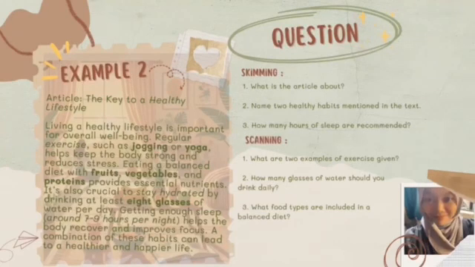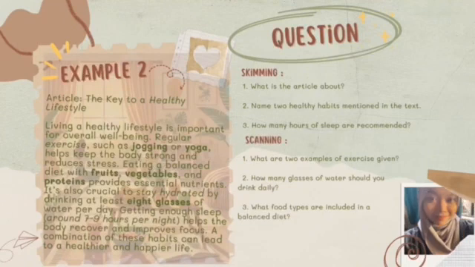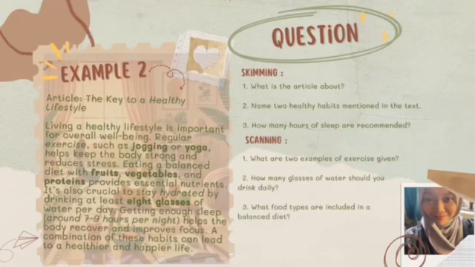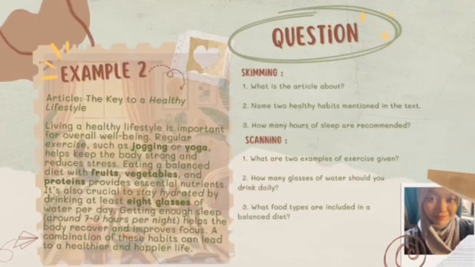What food types are included in a balanced diet? That's right. The article mentions jogging and yoga as examples of exercise. It recommends drinking at least 8 glasses of water daily, and a balanced diet includes fruits, vegetables, and proteins.